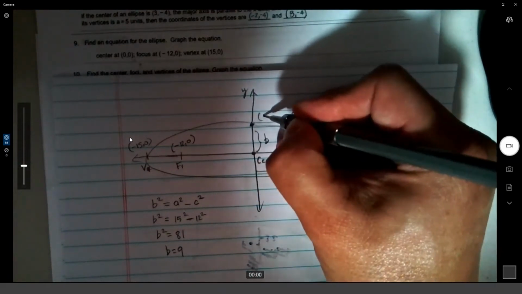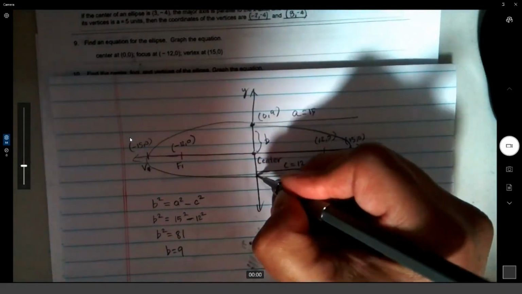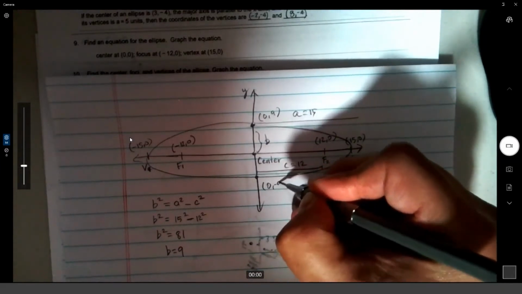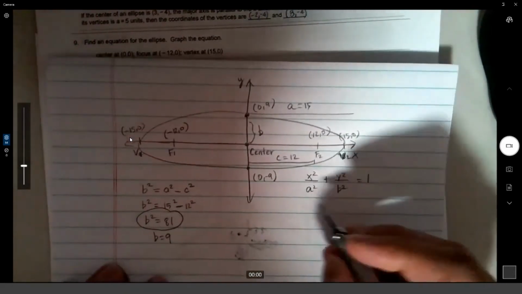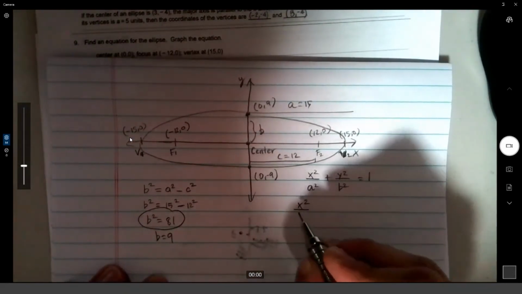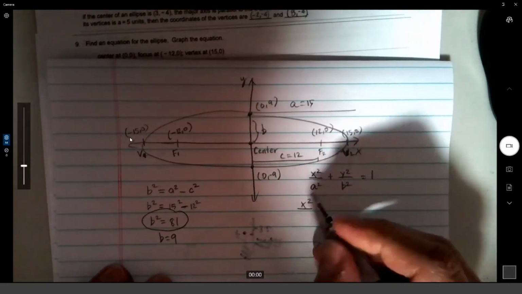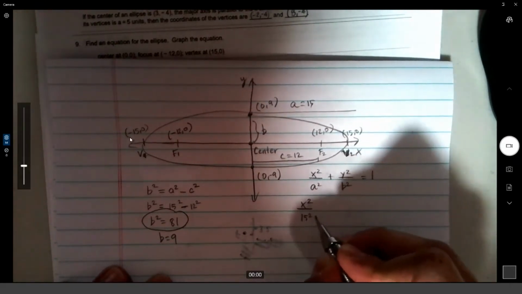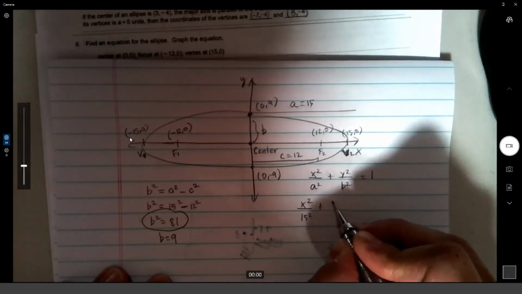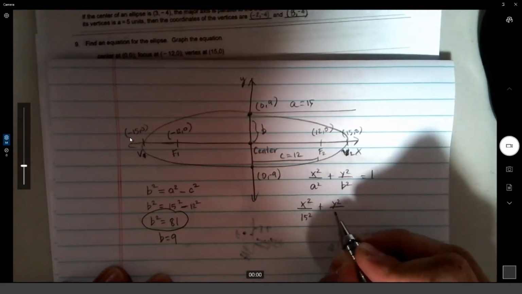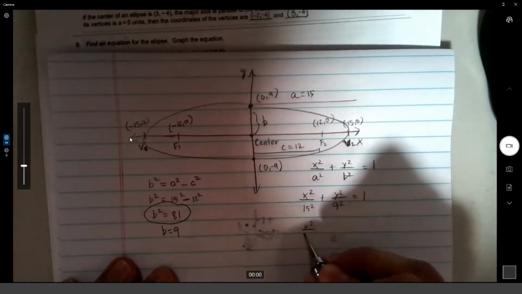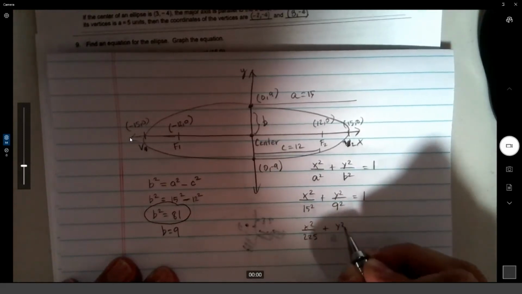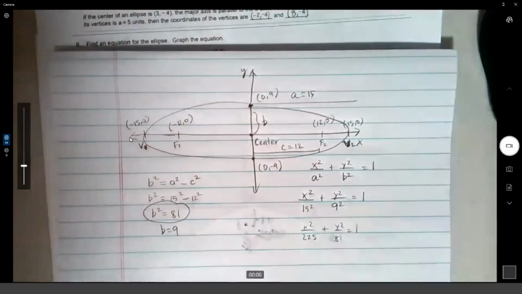So we know that this point right here will be 0, comma 9, and this point right here will be 0, comma negative 9. But we need b squared for the equation, so we have x squared over 15 squared plus y squared over 9 squared, which is equal to 1. And so x squared over 225 plus y squared over 81 is equal to 1.